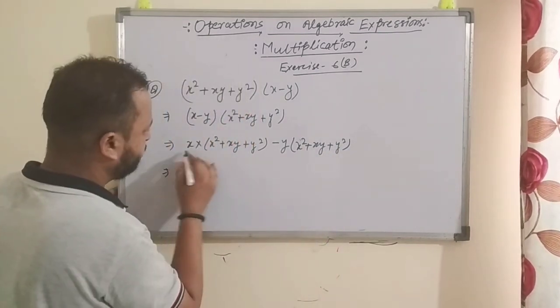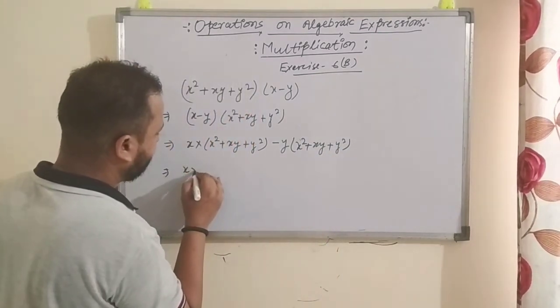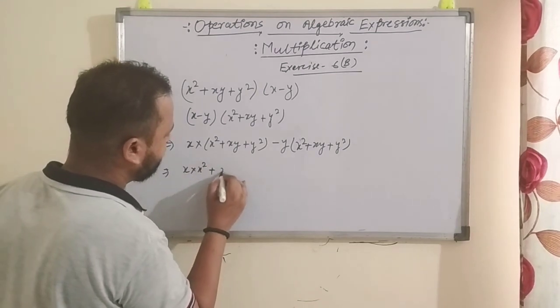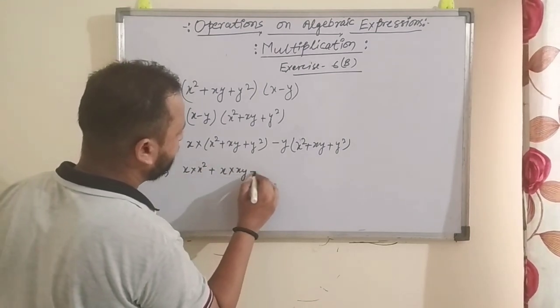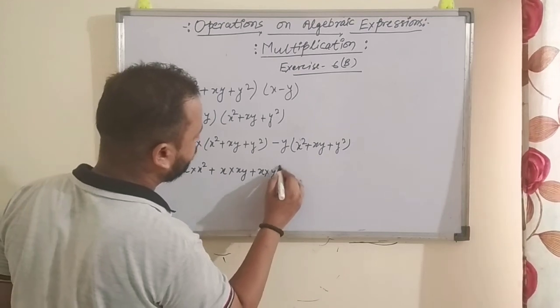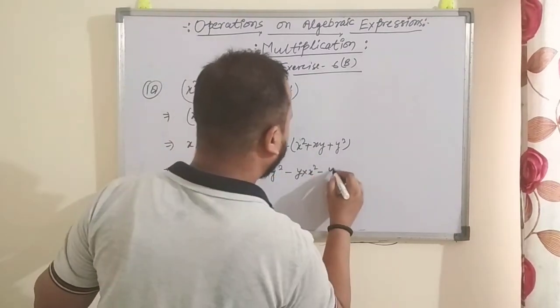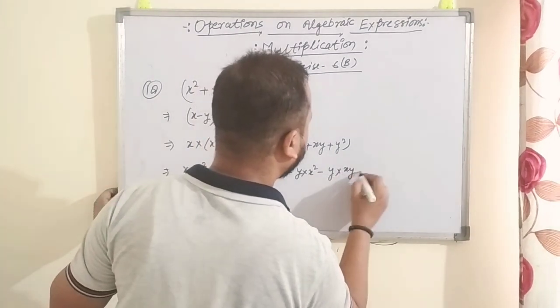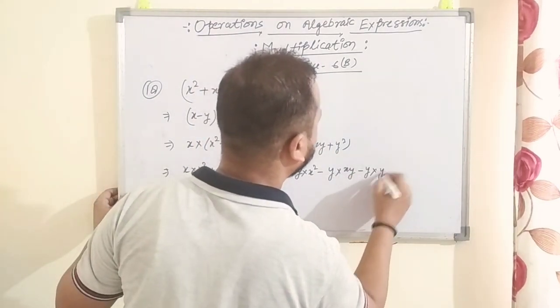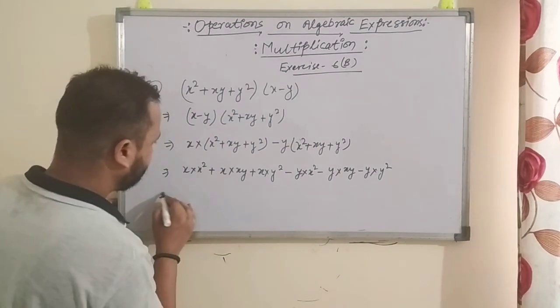So now x into x square plus x into xy plus x into y square minus y into x square minus y into xy and minus y into y square.